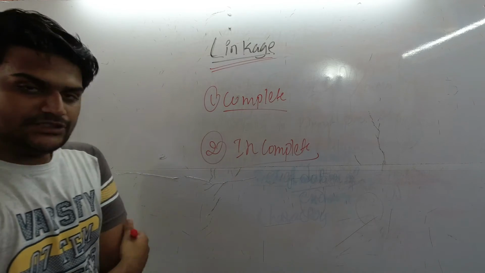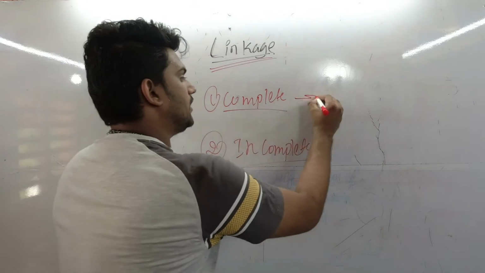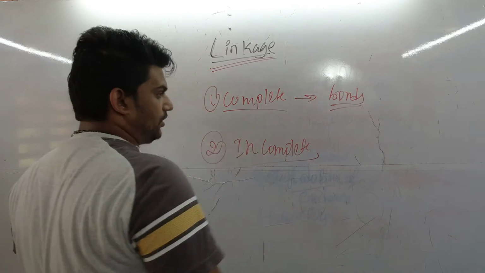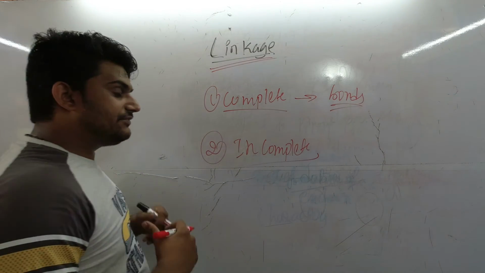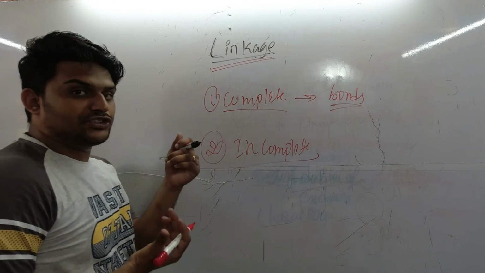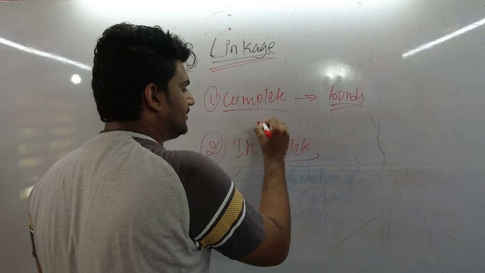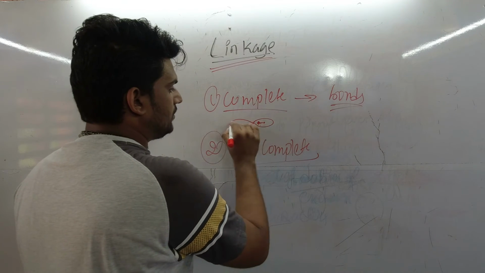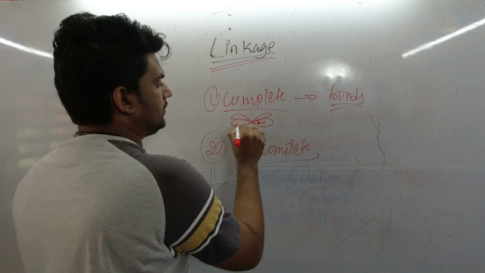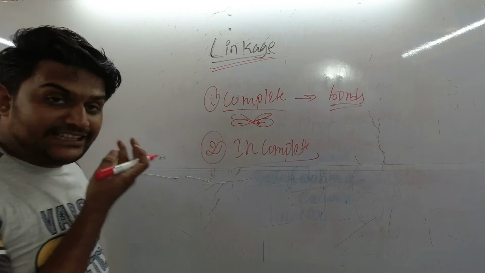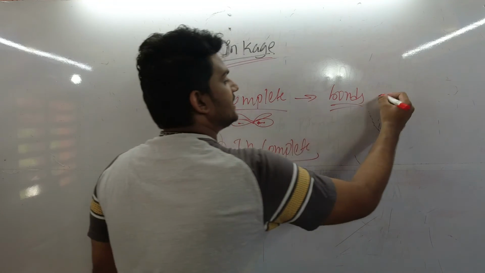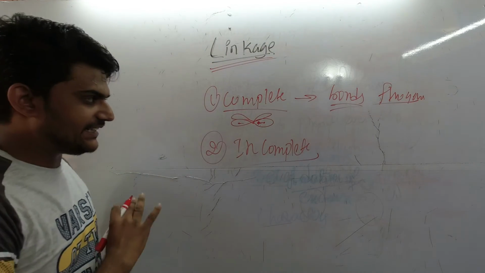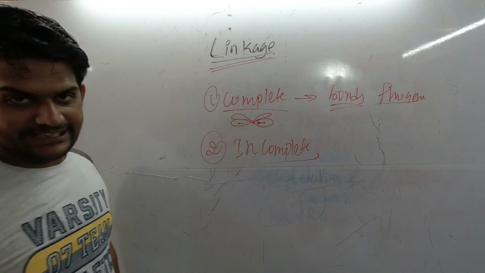These genes which are present over the chromosomes are linked with bonds. The bonds are formed stronger when the genes are very near to each other. The bonds between the two or more genes, when they are very near to each other, are stronger and they cannot be broken. That is what complete linkage is.